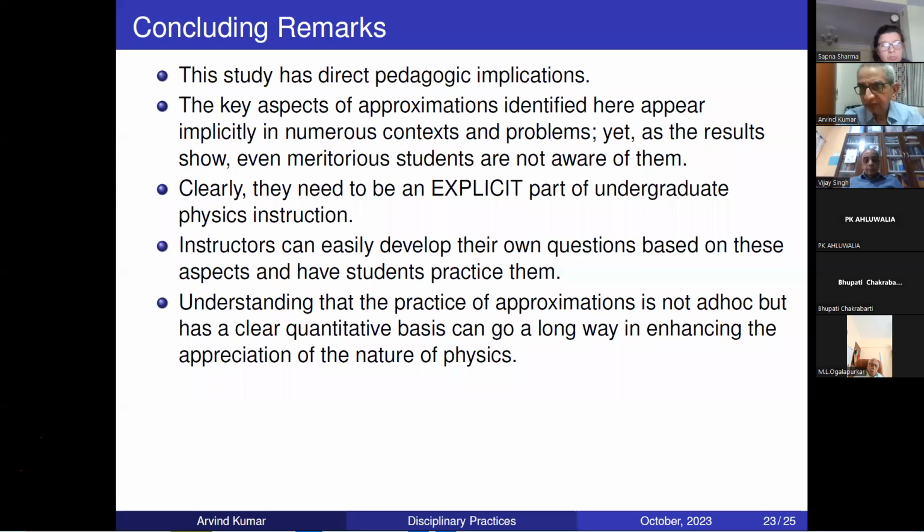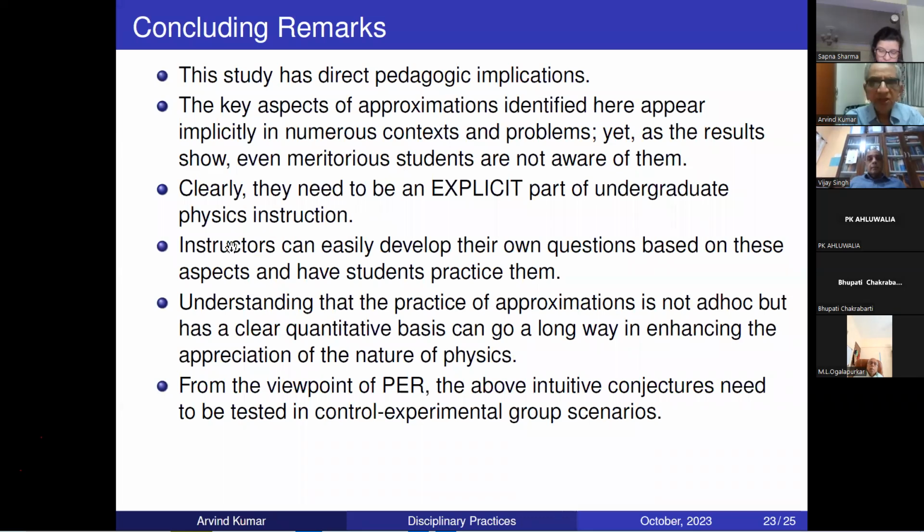Even if ether was moving or not moving, an experiment that determined only up to first order V by C was not good enough to reject ether. This is because even the old Lorentzian theory could somehow manipulate the V by C effect. But it was the V square by C square effect which finally settled it. So it has very profound implications in history, the order of approximations.